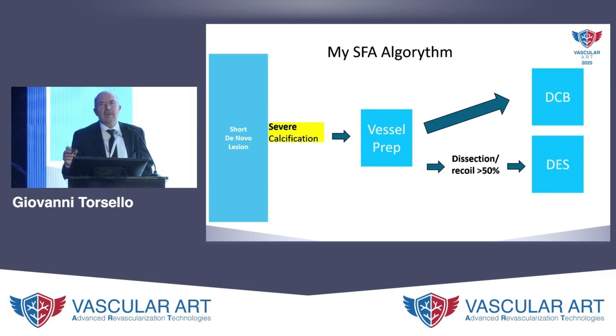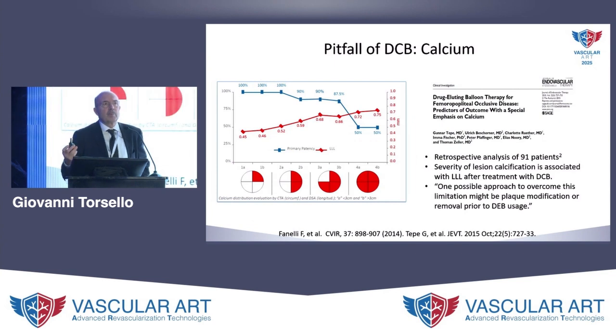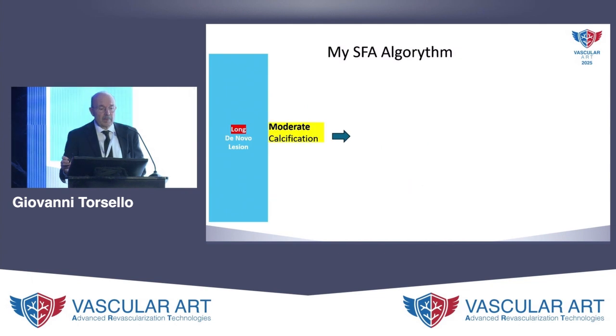For DCB, as mentioned by Dr. Baha before, it's important to remove the calcium so that the drug can really reach the vessel wall and avoid a restenosis, as showed by different studies here by Dr. Fanelli and by Dr. Tepe.